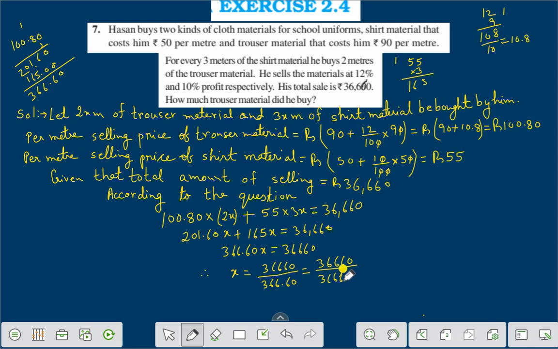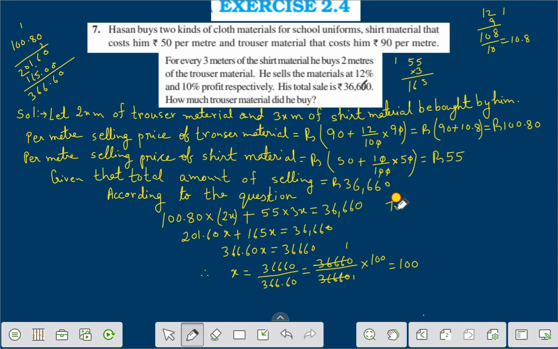Multiplying by 100 in both, this will cut, this will cut, and the value of x is equal to 100.